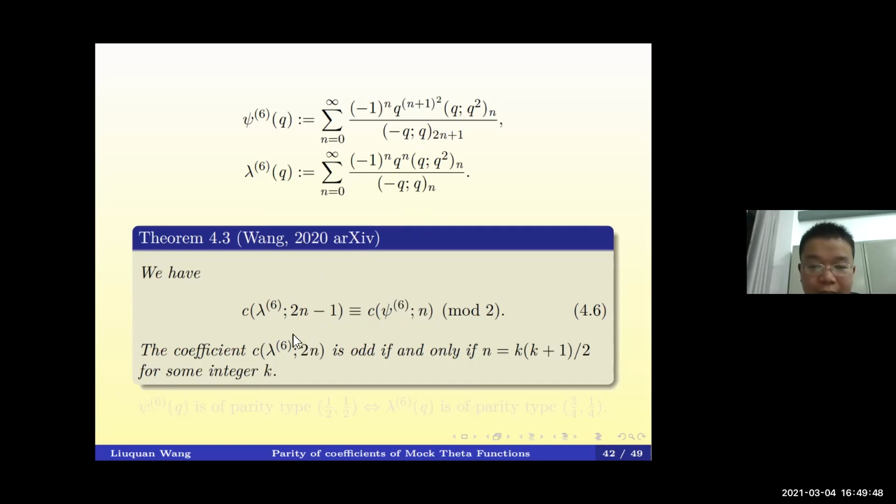We can also show that the 2n's coefficient of lambda is odd if and only if n equals a triangular number. Because of this theorem, if we can show that the parity type of psi is 1/2, 1/2, then we can show that the parity type of lambda is 3/4, 1/4.